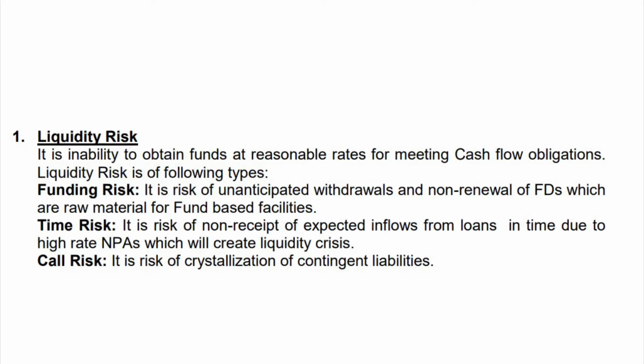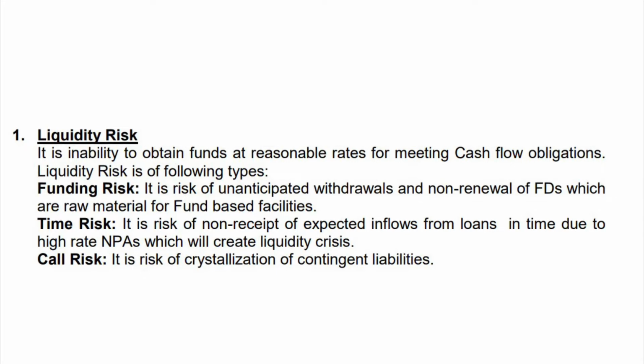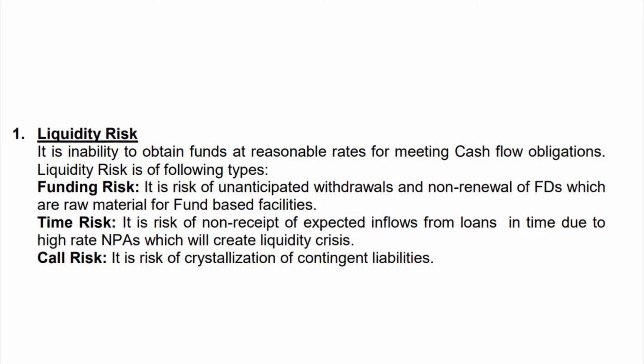In liquidity risk, there are again three types. First one is funding risk. Funding risk is the risk of unanticipated withdrawals and non-renewal of FDs, which are the raw material for fund-based facilities. Unanticipated withdrawals means withdrawals before the maturity date.